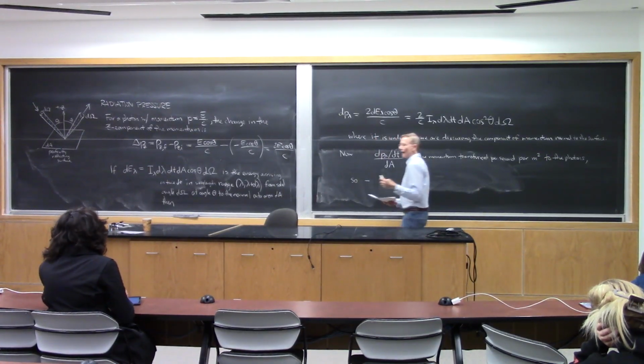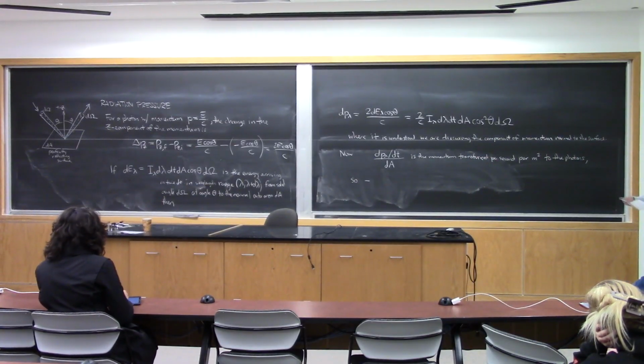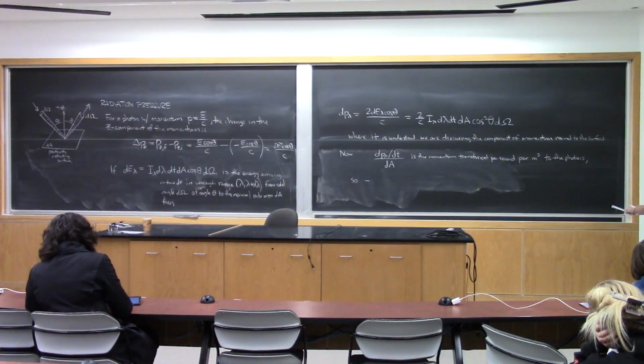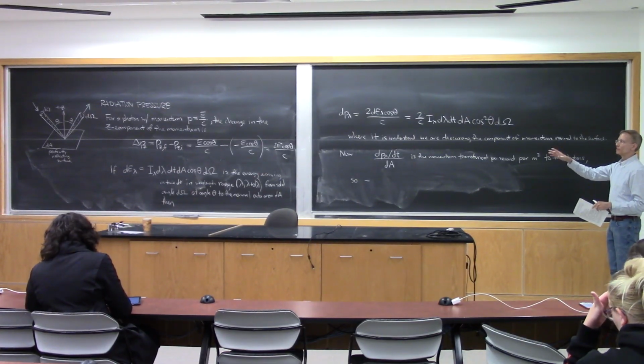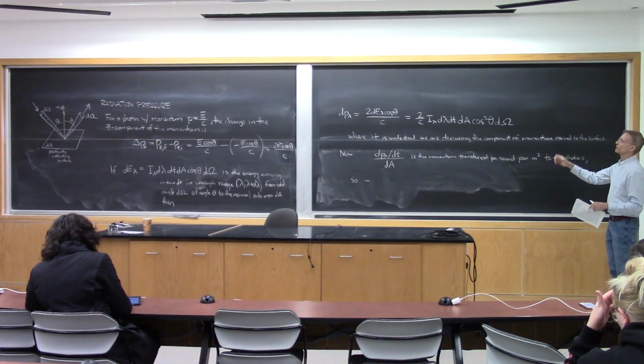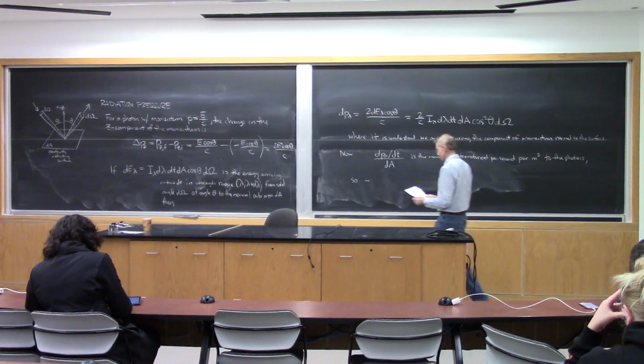So minus that is the rate at which momentum is being transferred per second per square meter to the surface, because we've considered the change in the photon's momentum, but that's equal and opposite to the momentum that we're transferring to the surface every second.